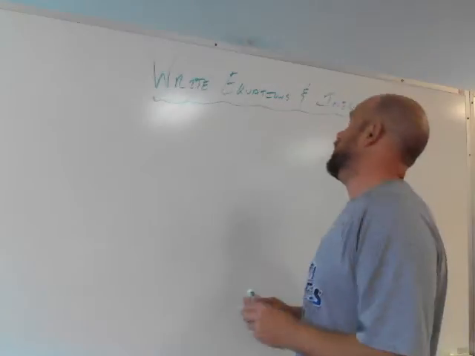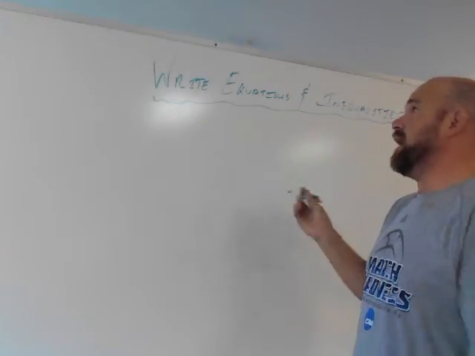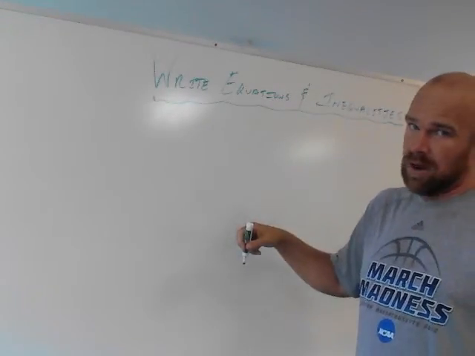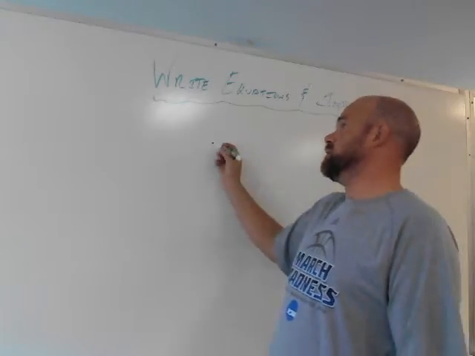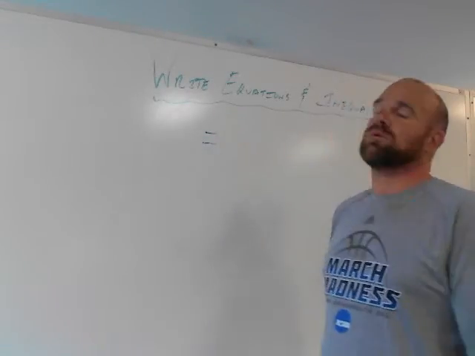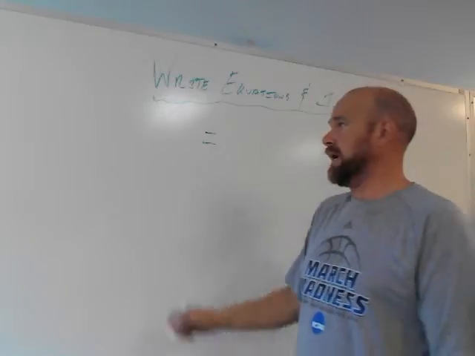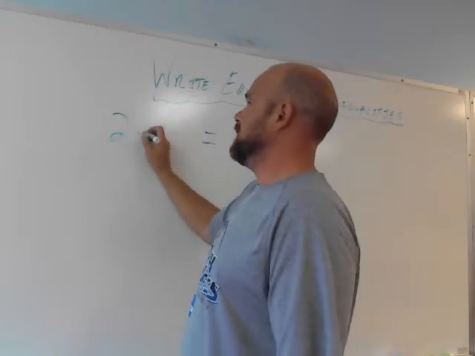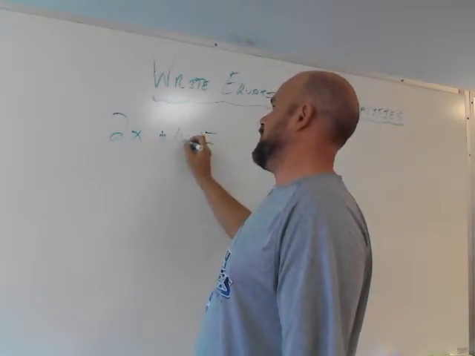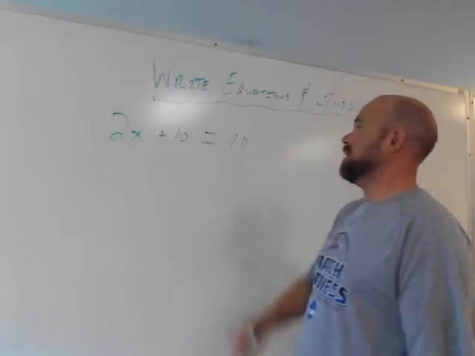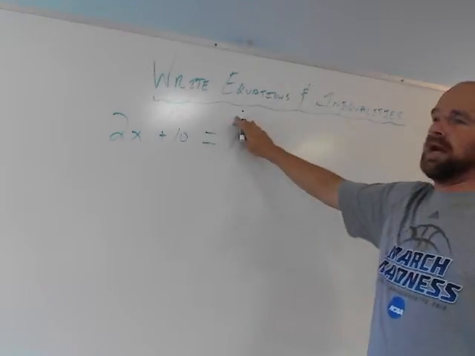So what we need to do first is know the difference between writing an equation and an inequality. An equation is going to be something that has an equal sign to it. So let's say we had 2x + 8 = 10. That would be writing an equation.